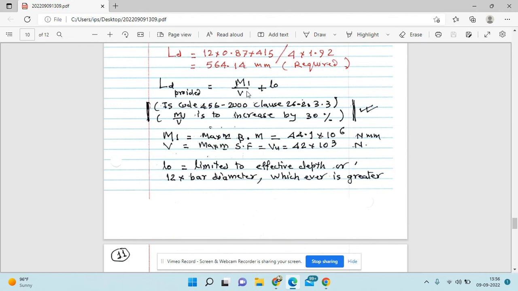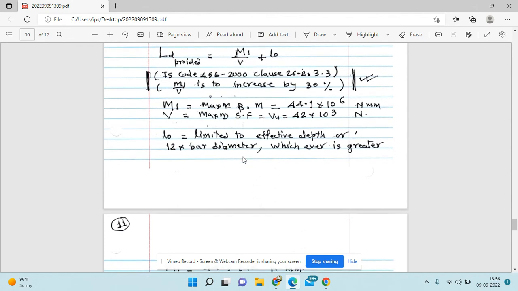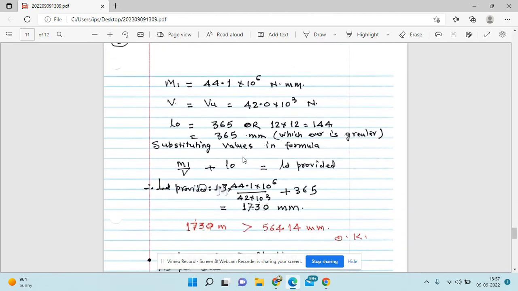M1 that we have already seen is 44.1 and this is 42. Substituting these values over there, L0 is 365, effective D or 12 times diameter, whichever is greater, and M1 upon V plus L0.